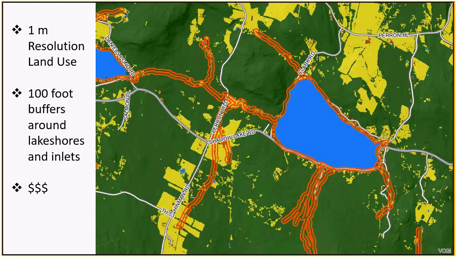So even though the watersheds overall for most of these oligotrophic lakes are largely forested, we might be seeing the effects of concentrated development, particularly around the streams and lakes in the immediate riparian zones. So that's why we want to use high-resolution GIS data to test that hypothesis.